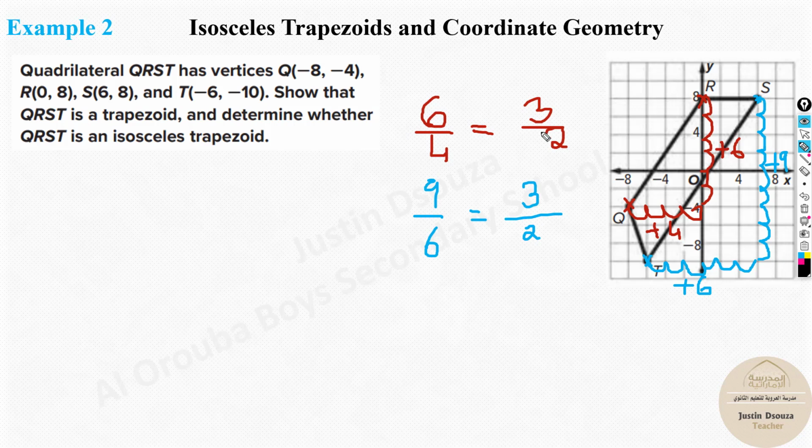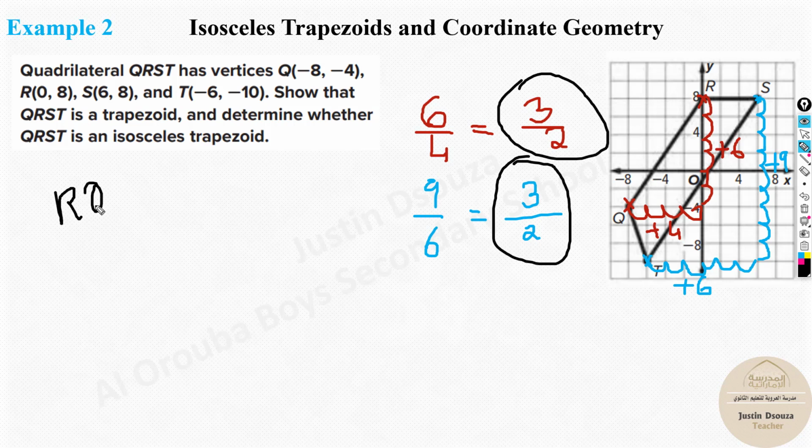You can see both values are the same. That means these two lines have the same slope. If the slopes are the same, we can tell RQ is parallel to ST. Now these both are bases.